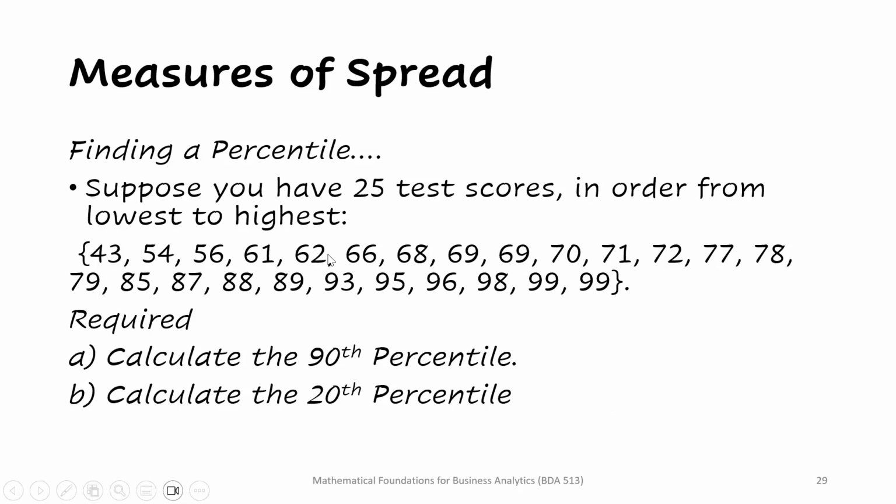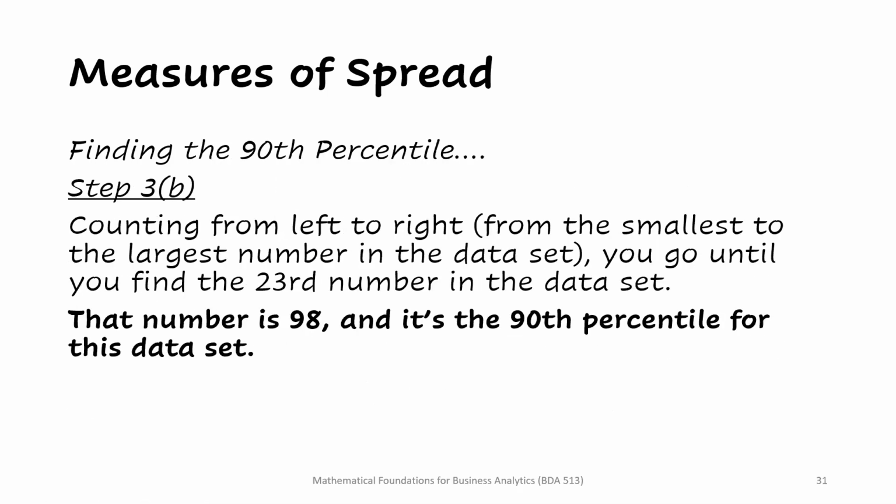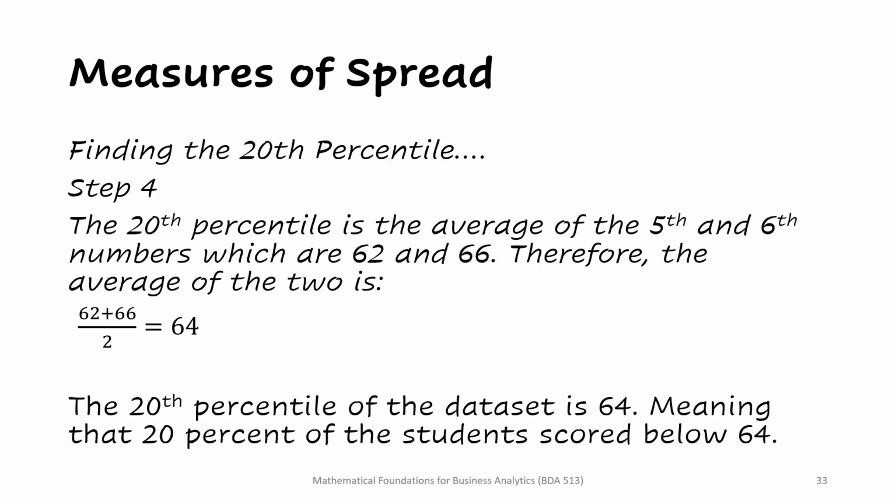So you add 62 plus 66 and find the average, which is 64. So the 20th percentile of the data set is 64, meaning that 20% of the students scored below 64.